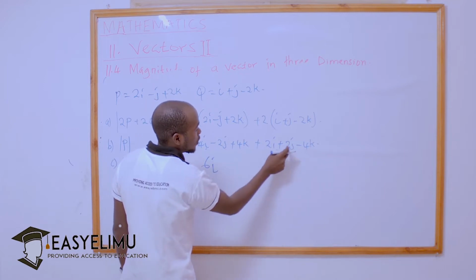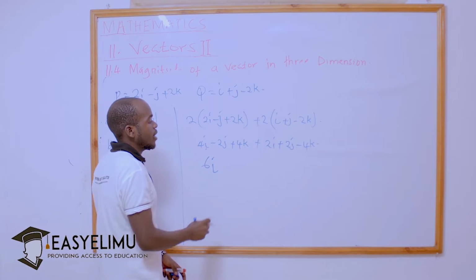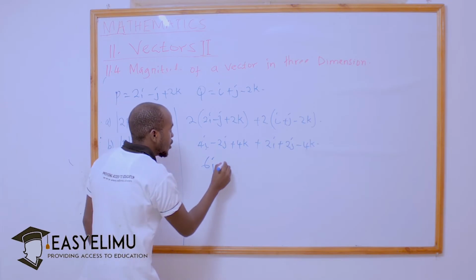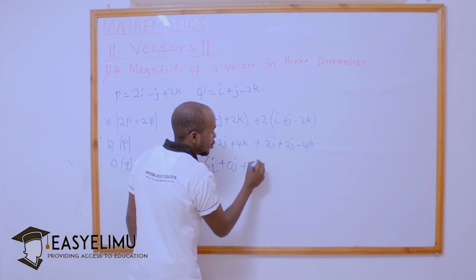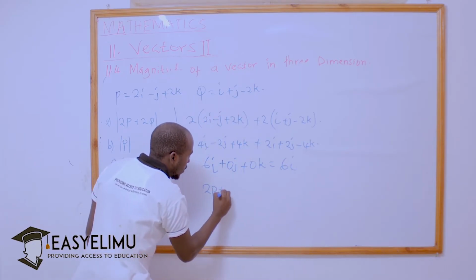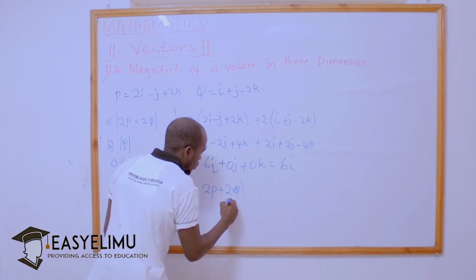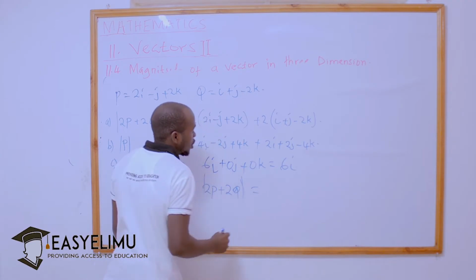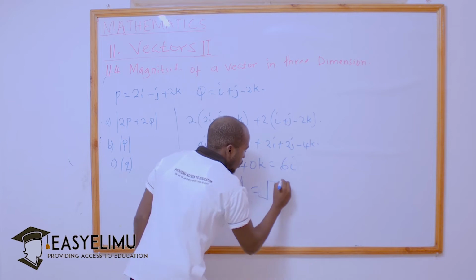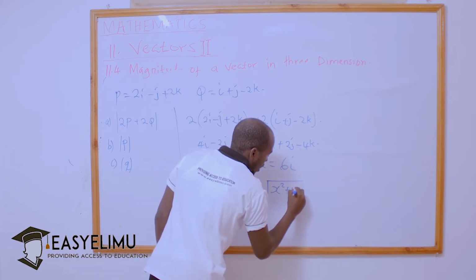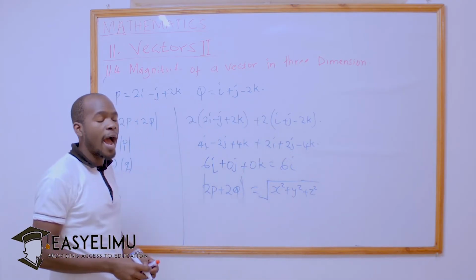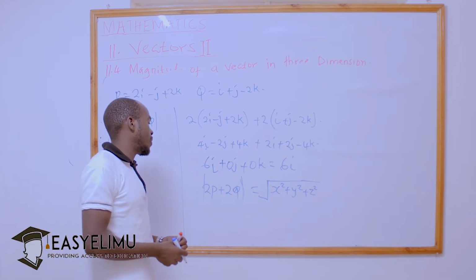Negative 2j plus 2j will be 0, and plus 4k minus 4k will be equal to 0. So we have plus 0j plus 0k. That is the same as writing 6i. So the modulus of 2P plus 2Q is going to give you the square root of x squared plus y squared plus z squared, where these are the coefficients of i, j, k respectively.